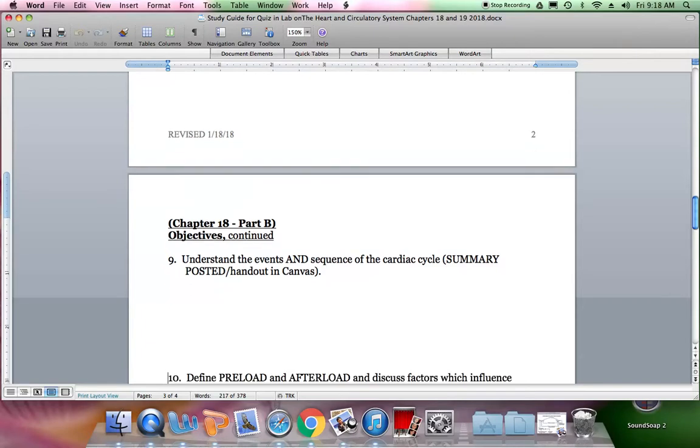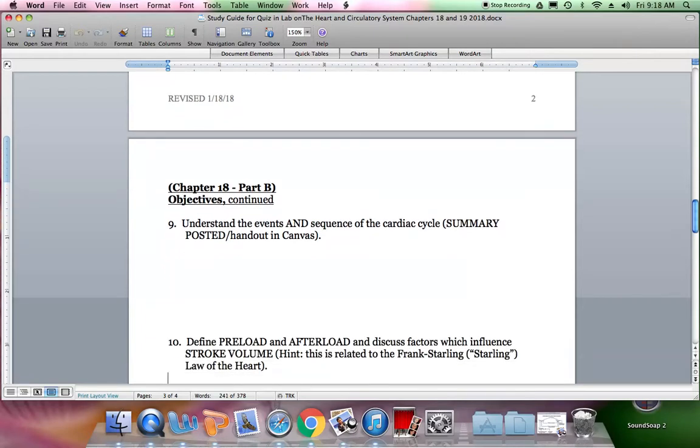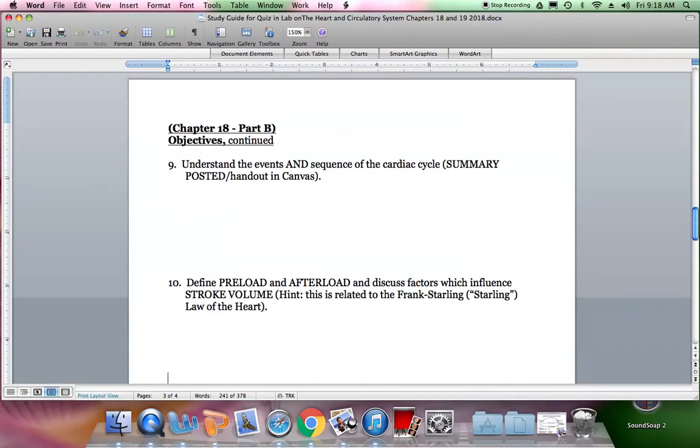Okay, preload and afterload and stroke volume. Now, this can be quite complex. All of these concepts were studied throughout the lifetimes of many scientists and physicians. Dr. Frank and Dr. Starling devoted their lives to studying and describing this, so it's difficult to give every single detail in such a short period of time.